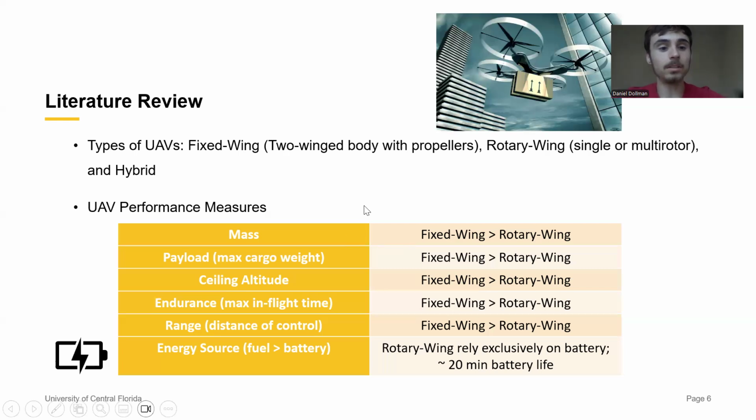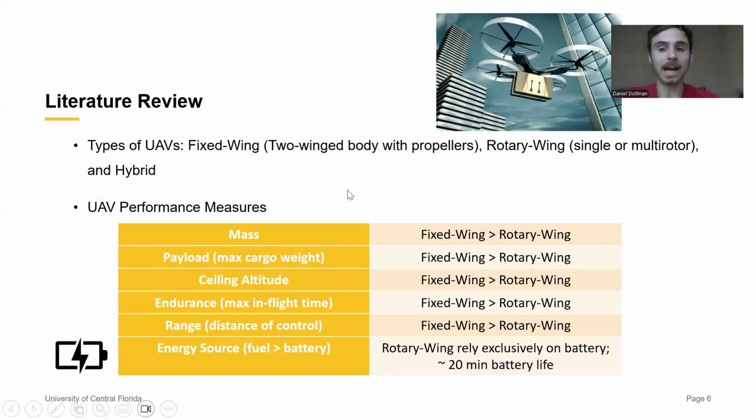Now, UAV performance measures. It's important to understand that in order to utilize the right UAV, we have six different performance measures to look at. We have mass, which refers to how much mass a UAV has. We have payload, which refers to how much weight a UAV can carry. This can be in the form of cameras, sensors, GPS equipment.